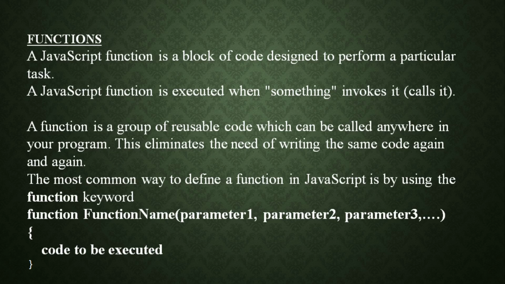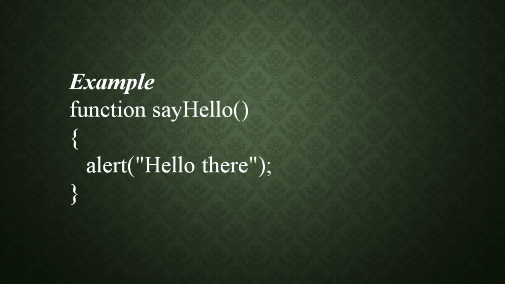Here, function is a keyword, then function name, parameters list, open brace, code that is to be executed. This is the example for that. Here I am showing how we define a function, using the function keyword followed by a function name and a list of parameters, and a set of block statements.